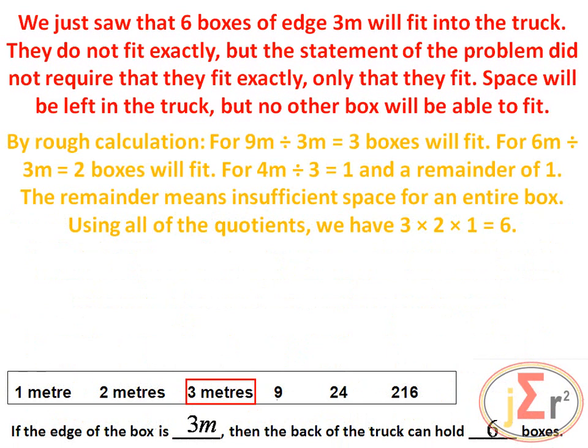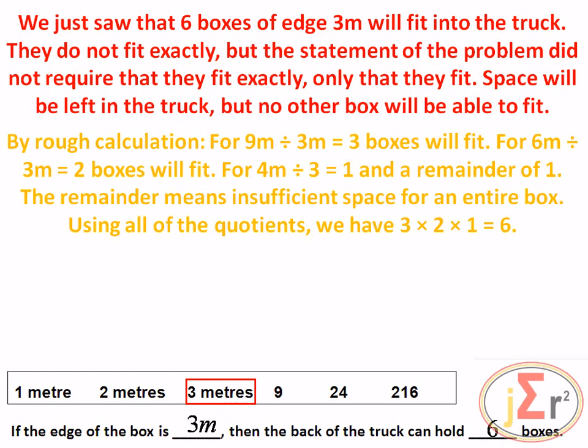By rough calculation, 9 divided by 3 is equal to 3. So 9 meters divided by 3 meters will give us 3, and that will be the number of boxes that will fit in that dimension. And then for 6, we have 6 divided by 3, which is equal to 2. 2 boxes will fit in that dimension.